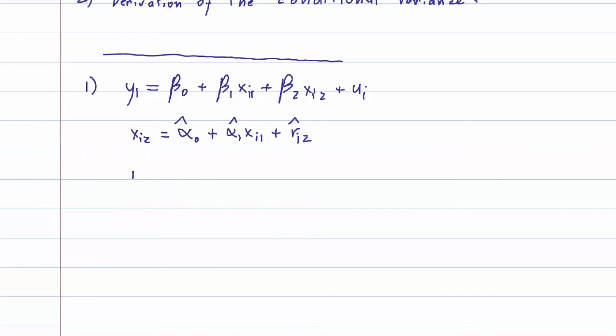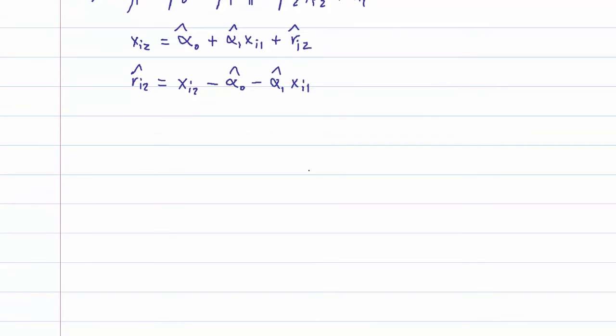Now, ri2 hat is just xi2 minus alpha 0 hat minus alpha 1 hat xi1. Then alpha 1 hat is the standard formula for an OLS estimator in a simple regression.